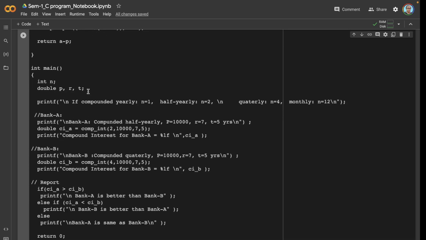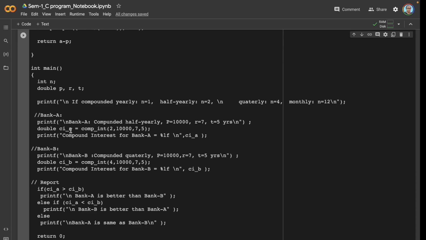Here double PRT. If compounded yearly n equal to 1, half yearly n equal to 2, quarterly n equal to 4, monthly n equal to 12. First, bank A compounded half yearly, and principal value is 10,000, rate of interest 7, and time 5 years.